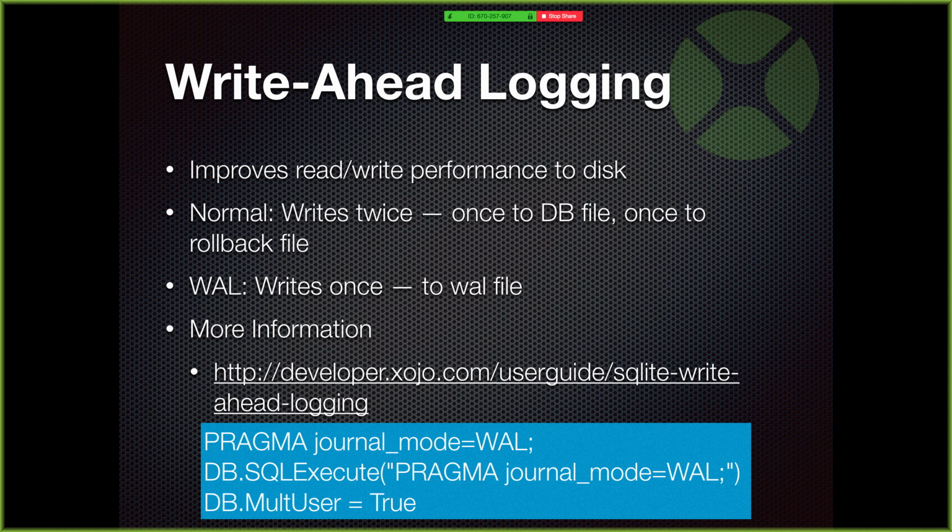Or you can just set the property that's on the SQLite database class, which is called multi-user. Actually, looks like I got a typo there. I got new glasses a couple days ago, and now I can see things like this. But you can also set that property if you want.